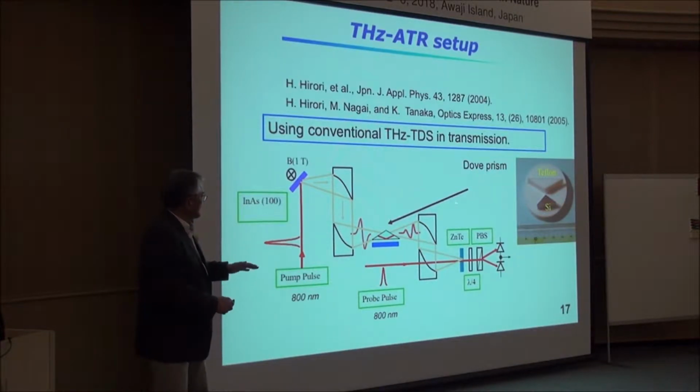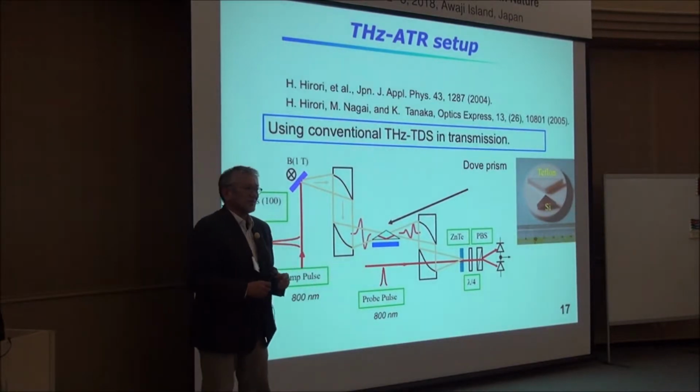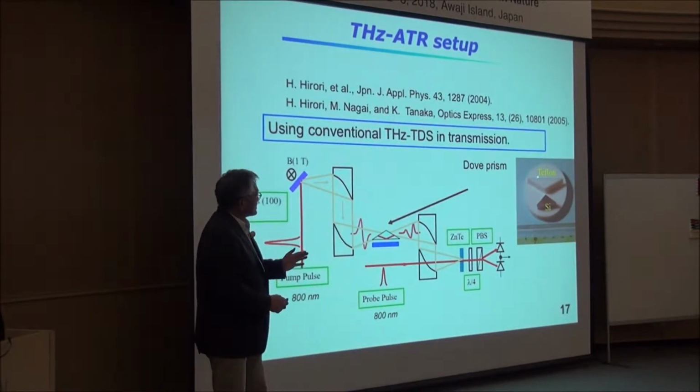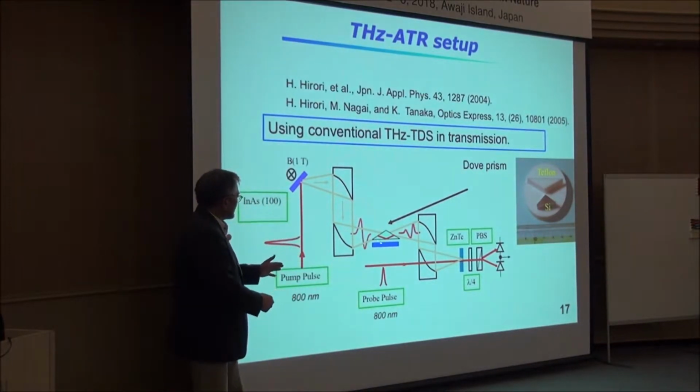This means that if you just insert the prism here, the original path does not change. So this is quite easy to align and optimize the system. Using Teflon or silicon, depending on the material you want to measure, you just insert the prism here and place the material on the top of this surface.